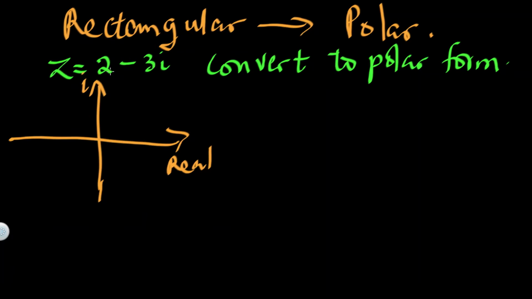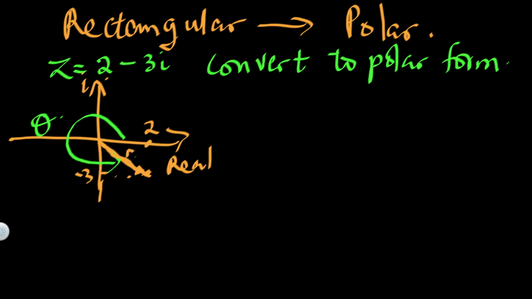The real part of our complex number is 2 and the imaginary part is minus 3, which means we are in the fourth quadrant. Our argument, theta, is this whole angle here. And the modulus, R, is the length of this line here.